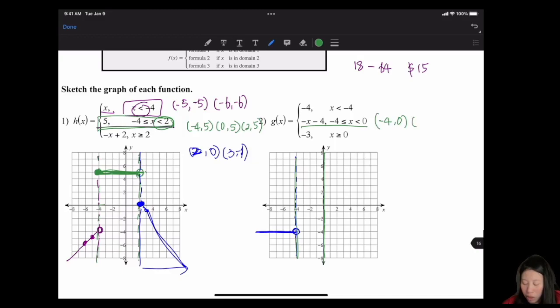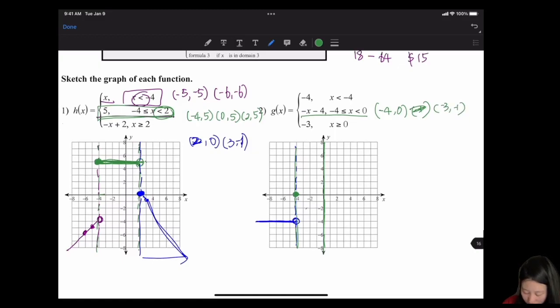And then when x is -3, negative of -3 minus 4, we have -1. So with (-4, 0), it can equal that, so it's a solid dot. And (-3, -1) is in here.